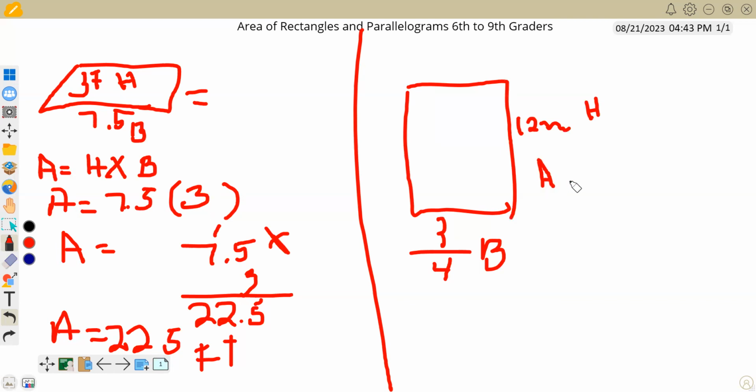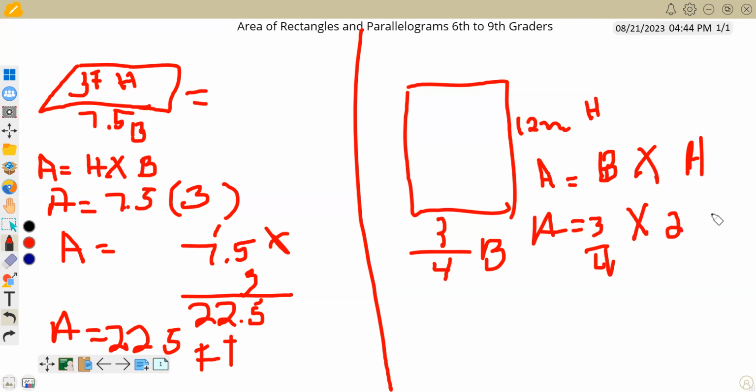So A equals base times height, right? So A is equal to 3/4 times 12. Let me do it right.